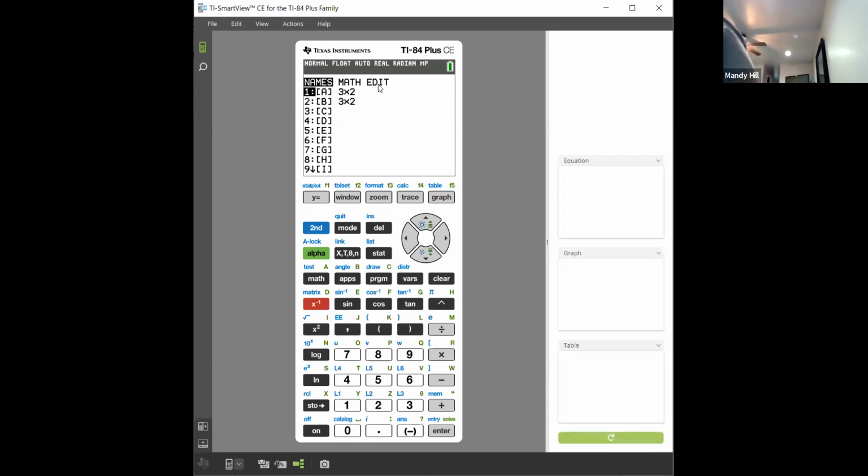Okay, so when we go here and edit, sorry, I'm going to use my arrows, go over and edit. I'm going to hit enter because you can see that 1 is highlighted. And so I want to hit enter here. And then we want to hit 2. It's a 2 by 2.